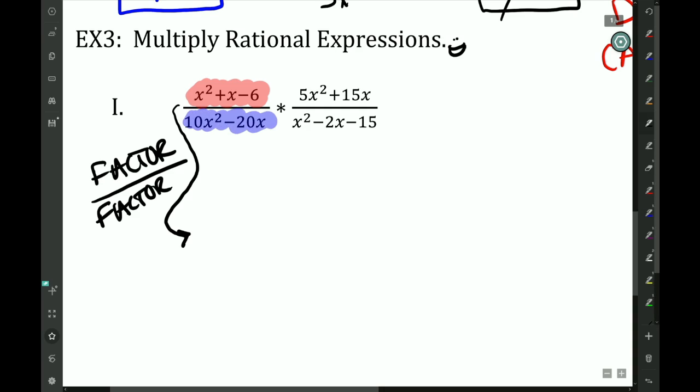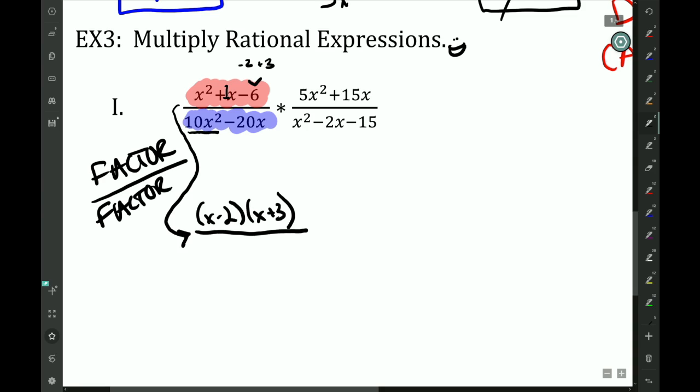Well, the numerator, again, factors of negative 6 that add to positive 1, that would be 3 and negative 2, meaning I have x minus 2 and x plus 3. Let's check out the denominator. One of the little-known factoring techniques you might have forgotten is the GCF.